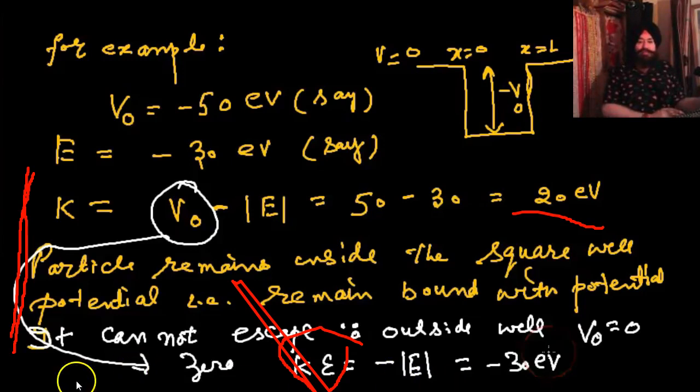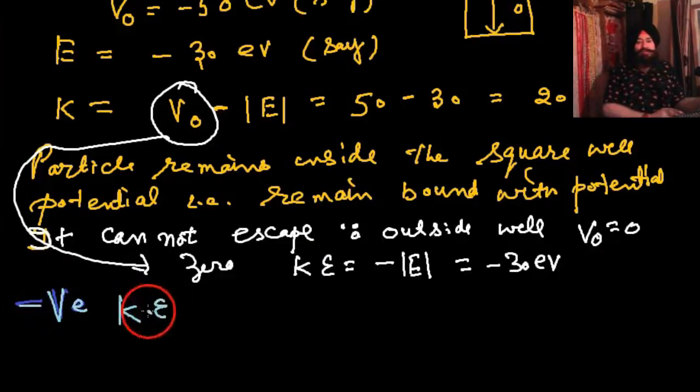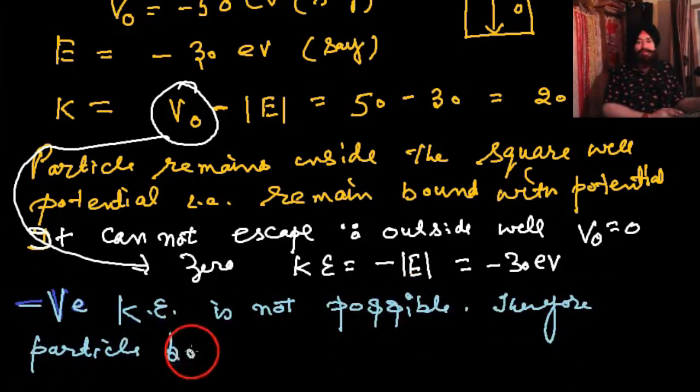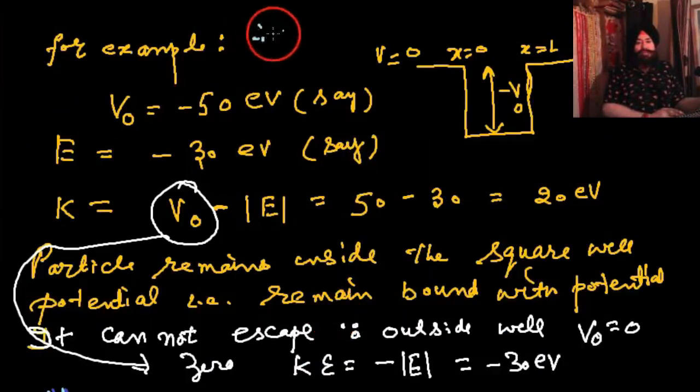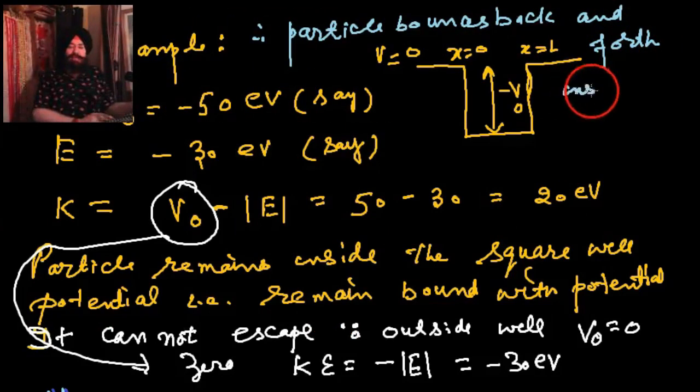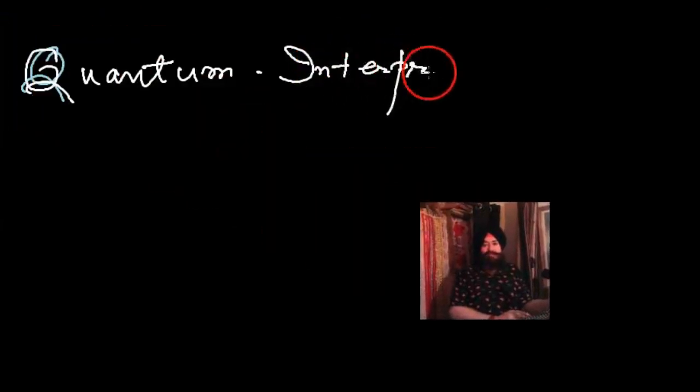It is not possible. So classical physics says any particle cannot come out from the well. So what happens? The particle bounces back and forth only and remains inside the well.